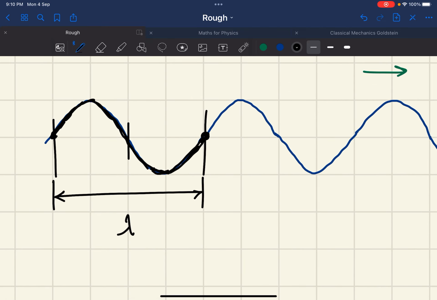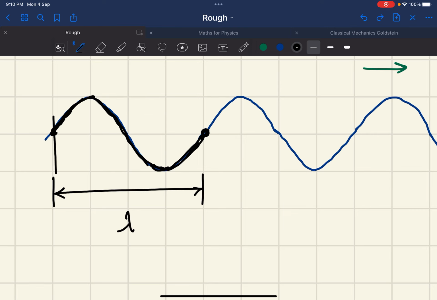So just like this chunk, this amount of wave is half a wave, because you can see it's half the whole wavelength. Then a quarter of a cycle is going to be a quarter of a wave, a quarter of a piece of a wave.